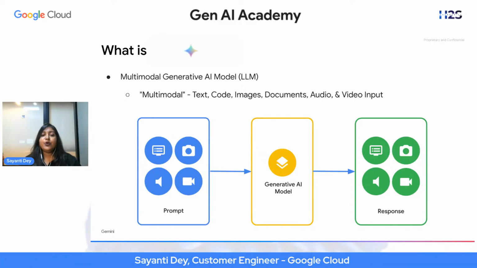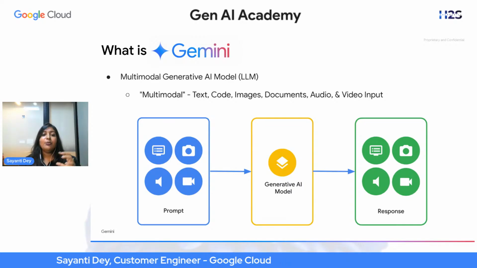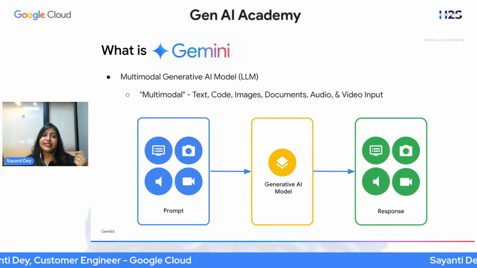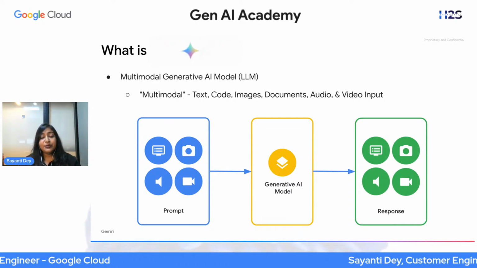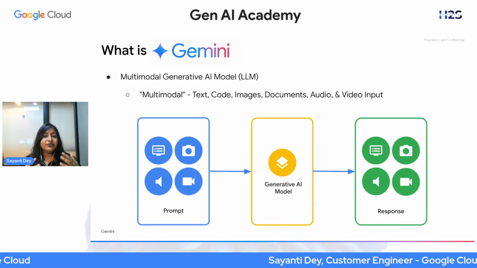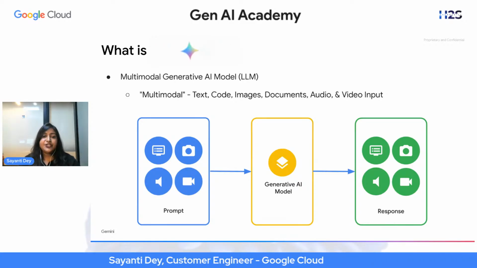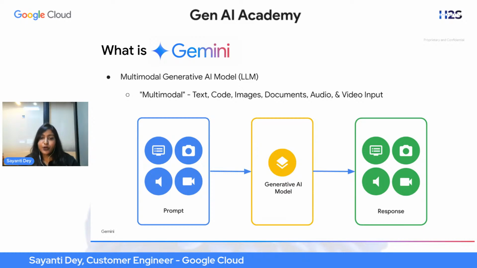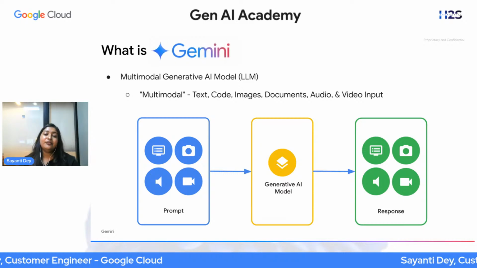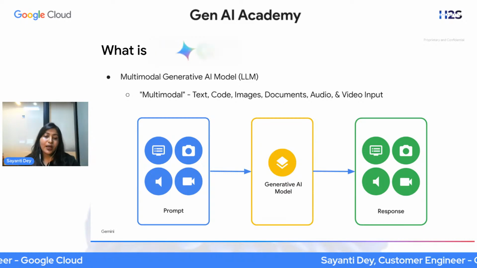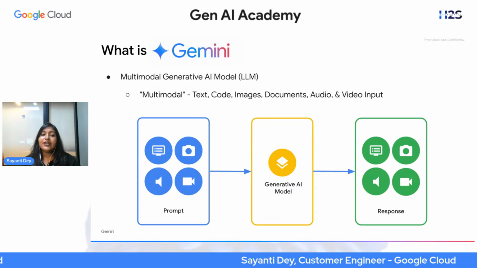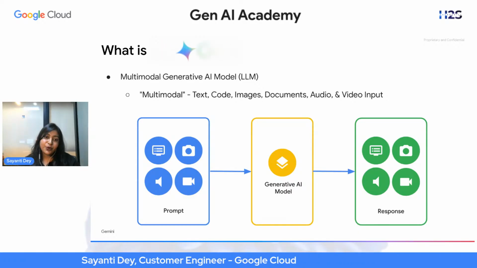That means it can process inputs in multiple formats. It can be text, images, PDF, audio, video, and so on. Gemini 2.0 Flash is the latest GA model, and 2.5 Flash and 2.5 Pro are currently in preview. As part of your labs, you will be using the 2.0 Flash model.